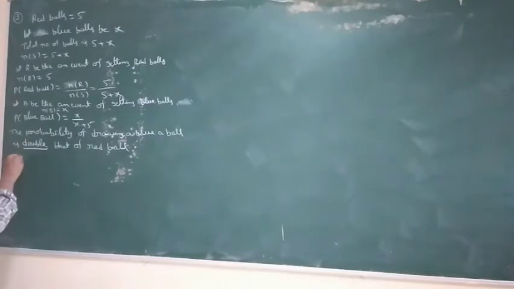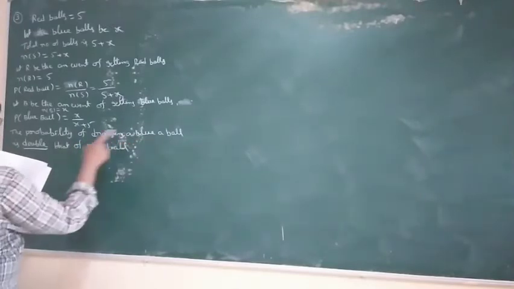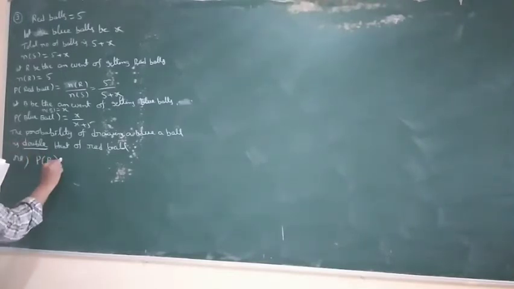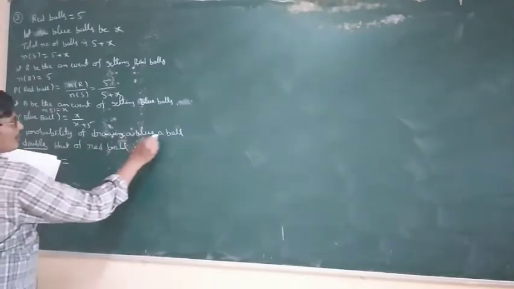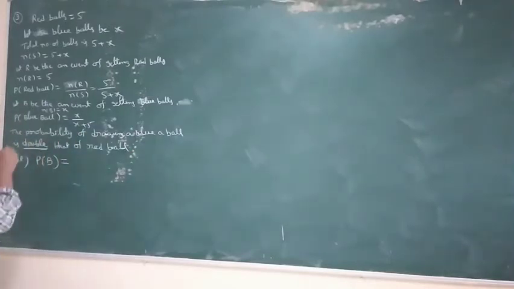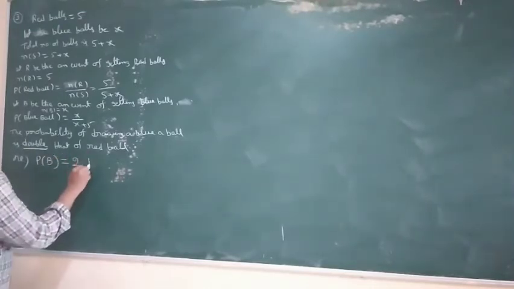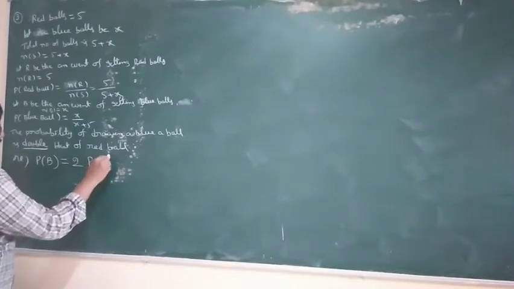That is, in line meaning, the probability of blue ball is equal to double, meaning 2 into that of red ball, probability of red ball.